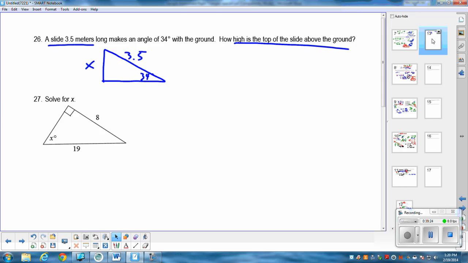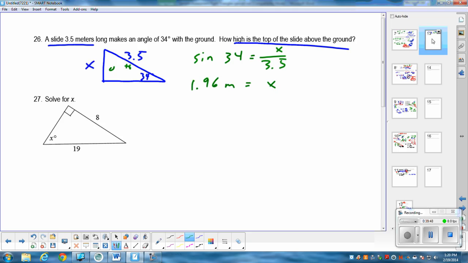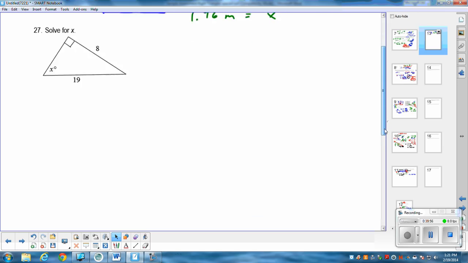We know our hypotenuse and we would like the opposite, so we're going to use sine of 34 degrees equals x over 3.5. Multiply both sides by 3.5. And we get 1.96 meters above the ground. 27, we've done several problems like 27 so far.